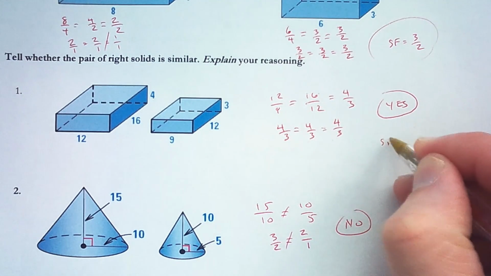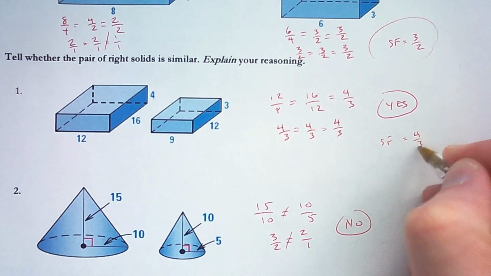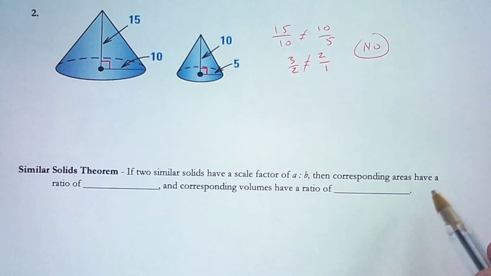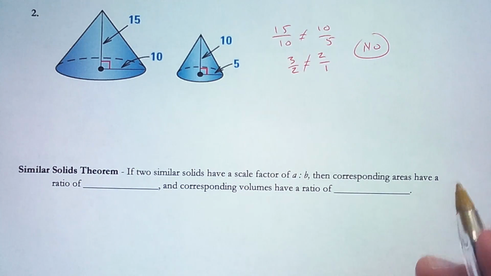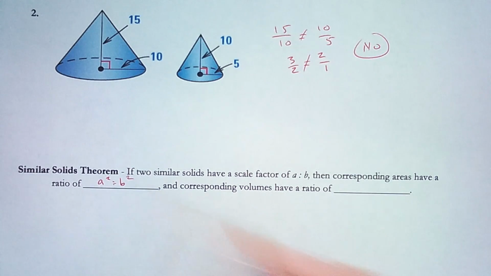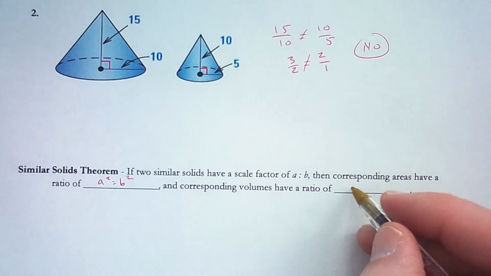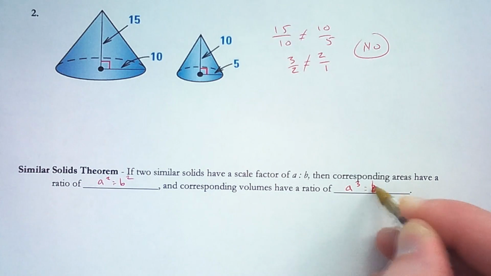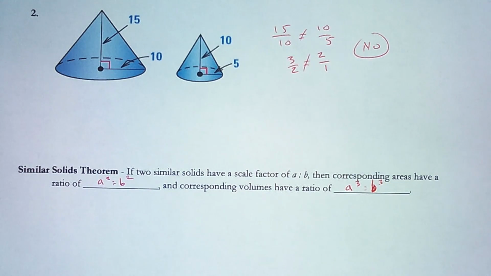Here the scale factor is 4 over 3. Okay, so if we have a scale factor of A to B, or A over B, then corresponding areas have a ratio of A squared to B squared, and corresponding volumes have a ratio of A cubed to B cubed.